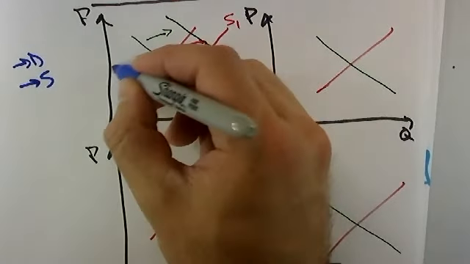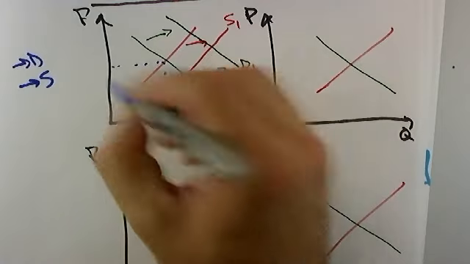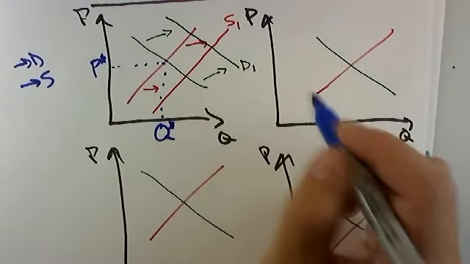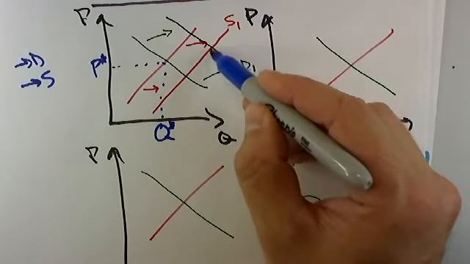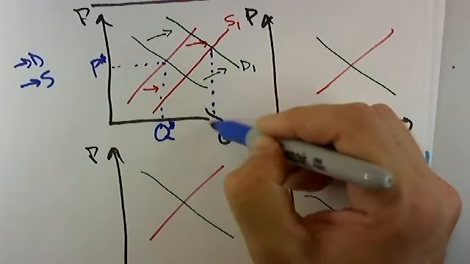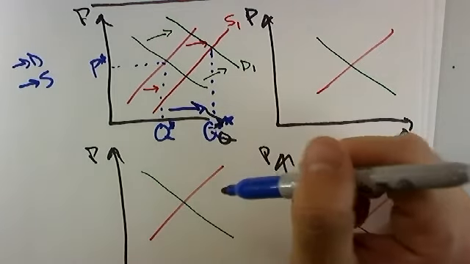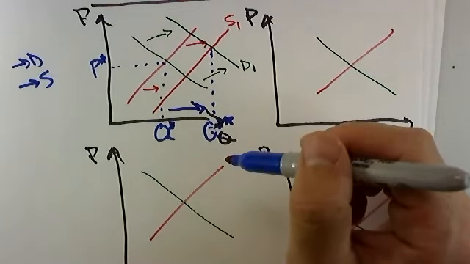We have an old equilibrium price and quantity right here. Our new equilibrium quantity is clear. The quantity is increased, right?